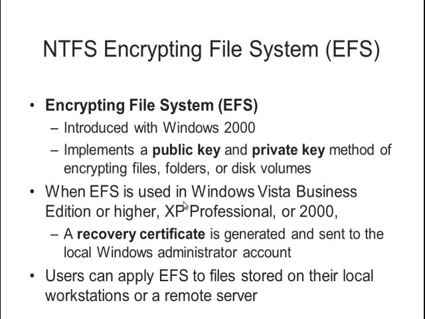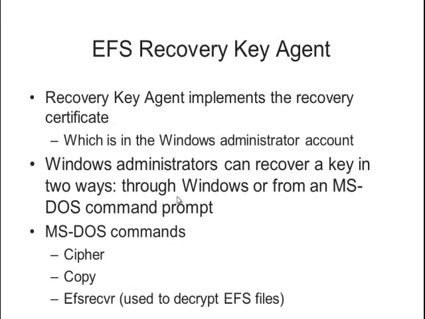Users can apply the Encrypting File System to files stored on their local workstations or a remote server. The EFS recovery agent implements the recovery certificate, which is in the Windows administrator account.